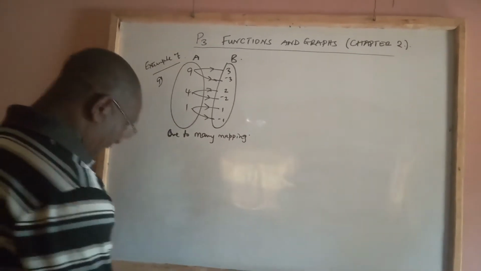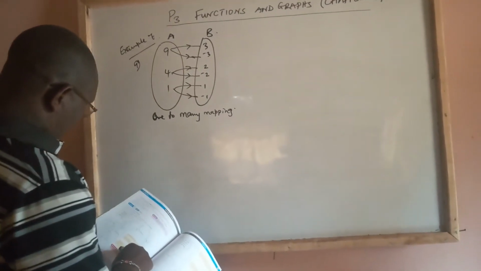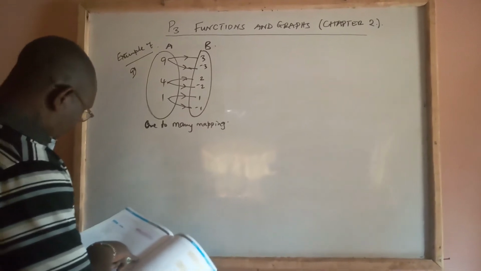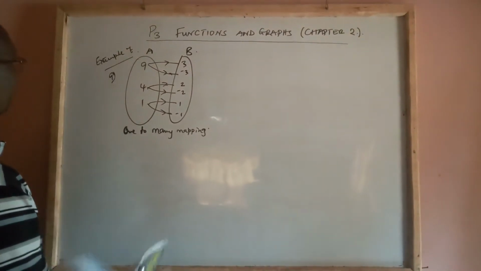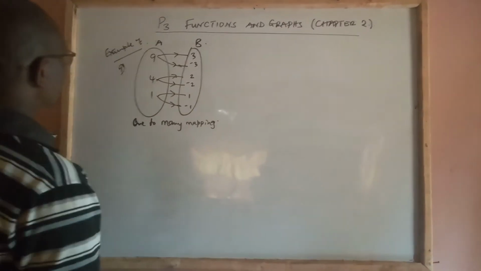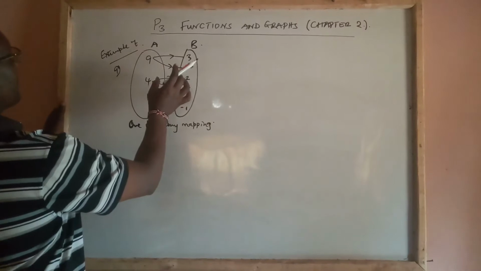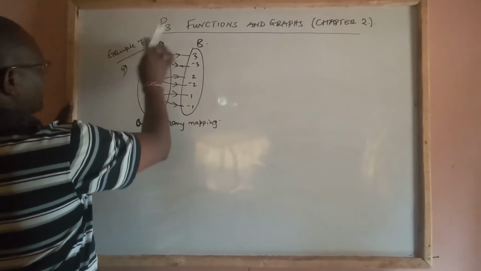But is it a function? That's the next question. No, it is not a function. The reason why it is not a function is because we do not have a specific value when x is 9.